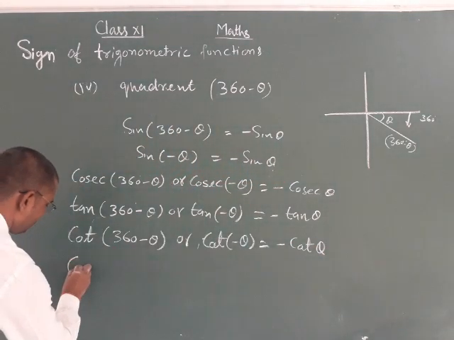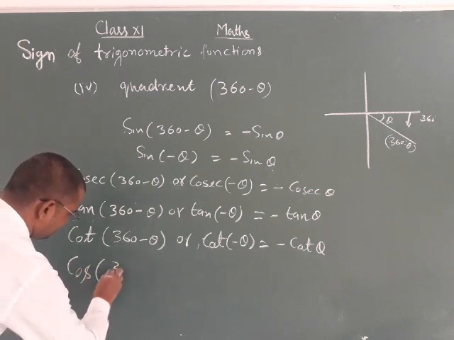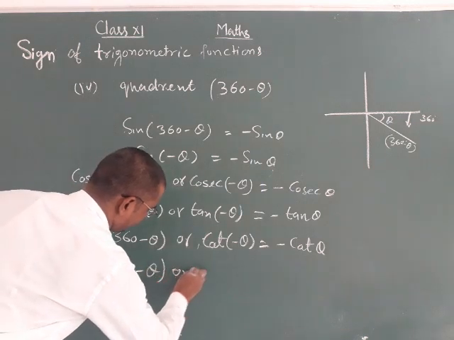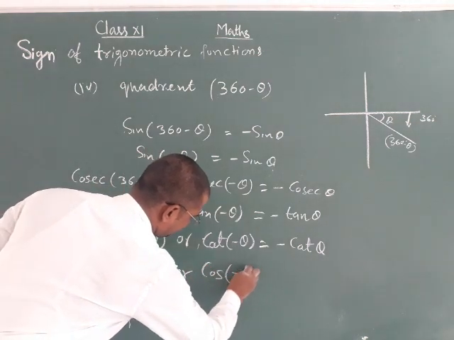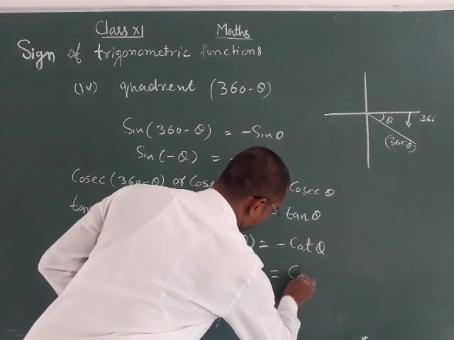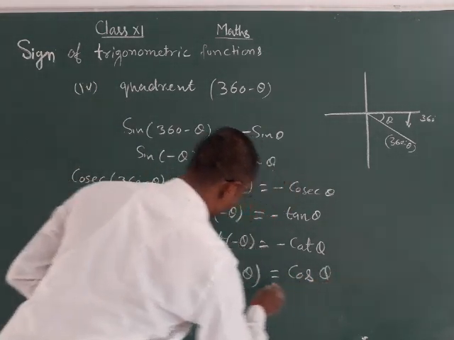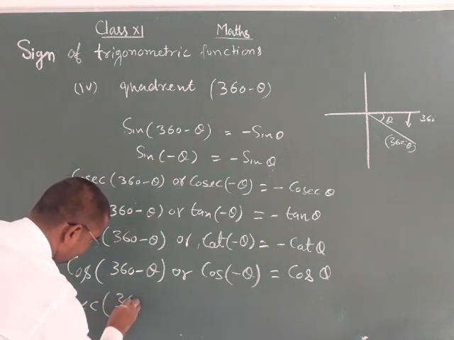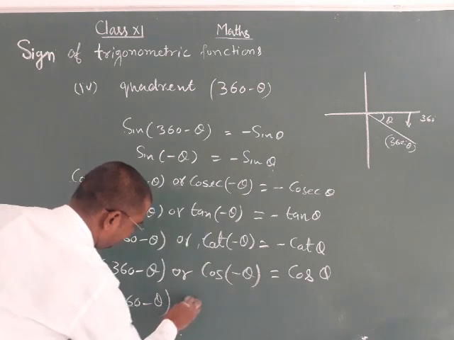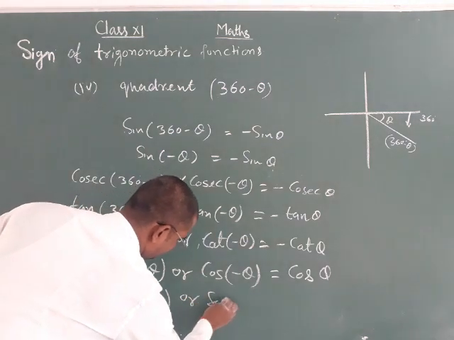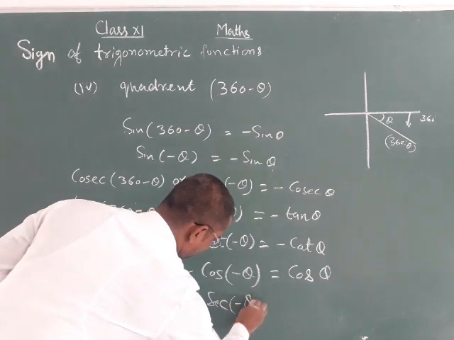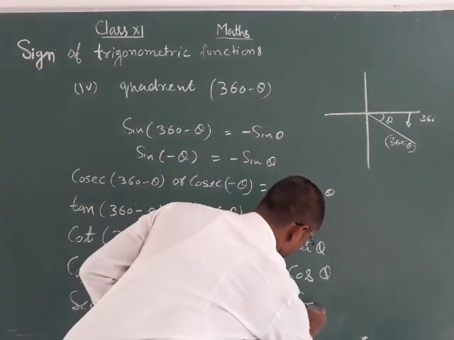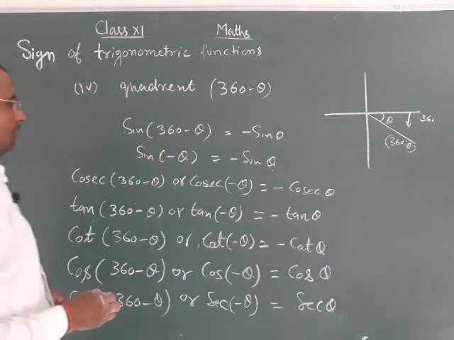Cos(360 minus theta), or cos(minus theta), is equal to cos theta, and sec(360 minus theta), or sec(minus theta), is equal to sec theta.